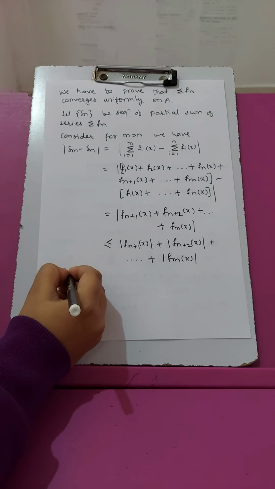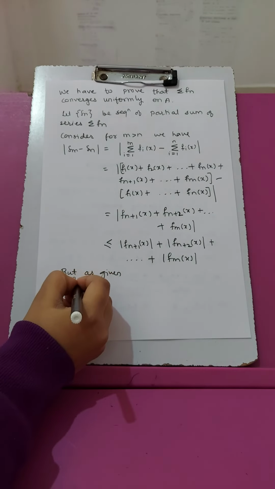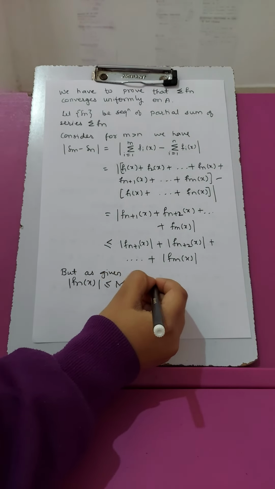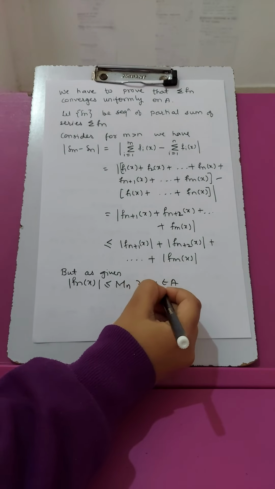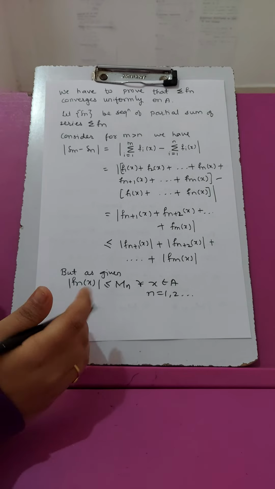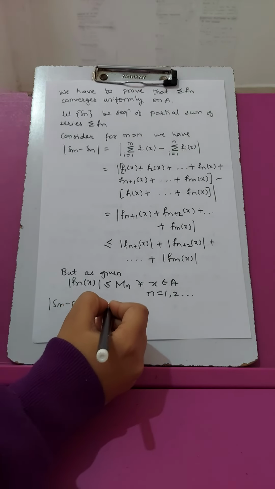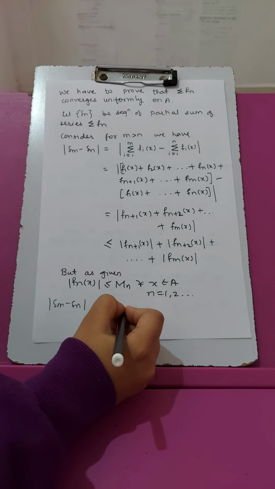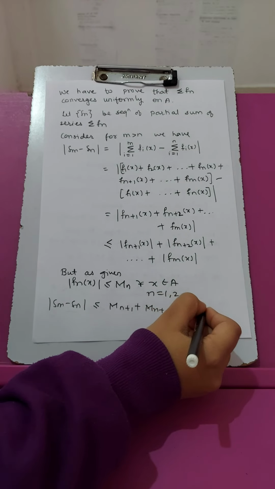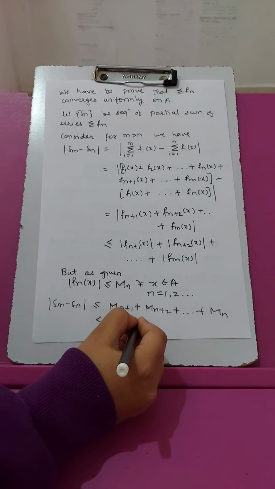But as given, |fn of x| is less than or equal to Mn for x belongs to A and n equals 1, 2, and so on. So by this we have |Sm minus Sn| less than Mn plus 1 plus Mn plus 2 up to Mm, and by 1 this is less than epsilon.